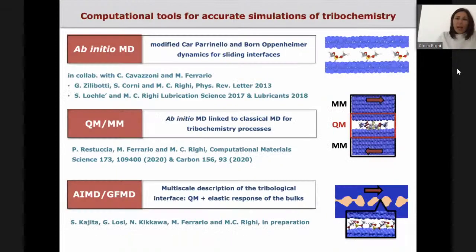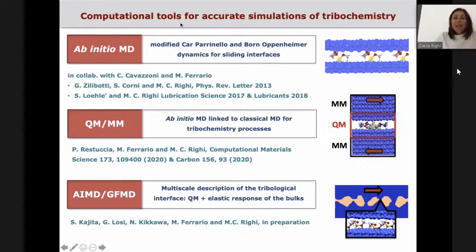Our knowledge on tribochemical reactions is still limited at present, and we developed computational tools to perform a study of tribochemistry.